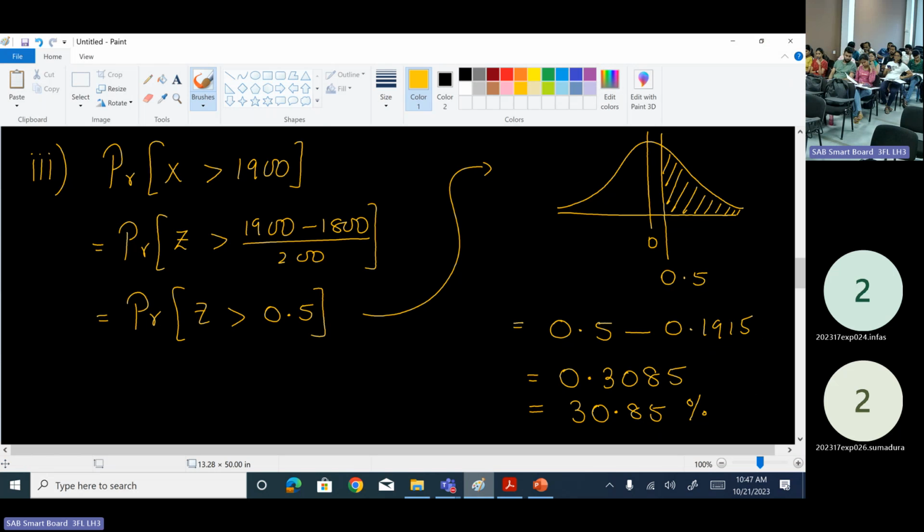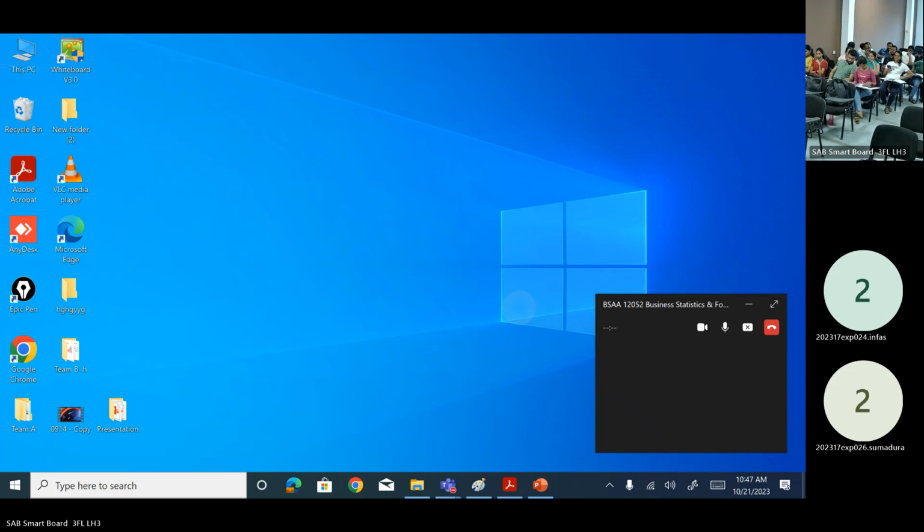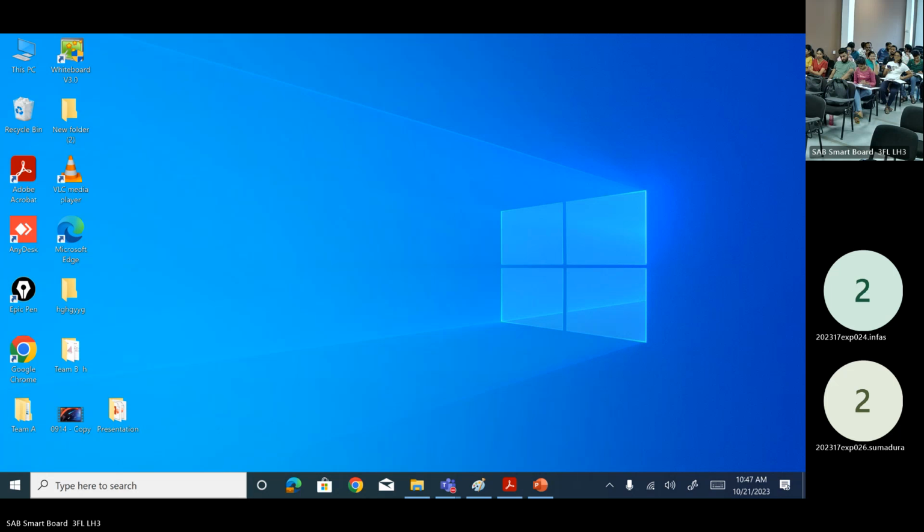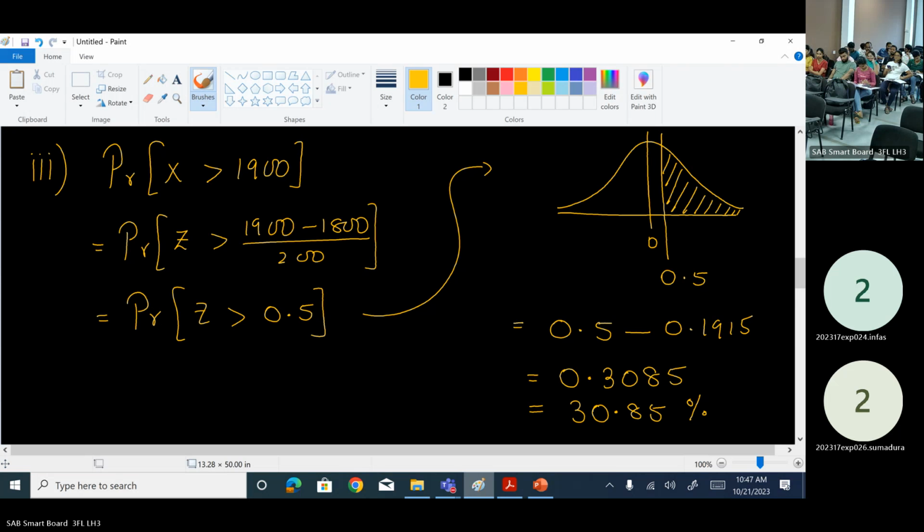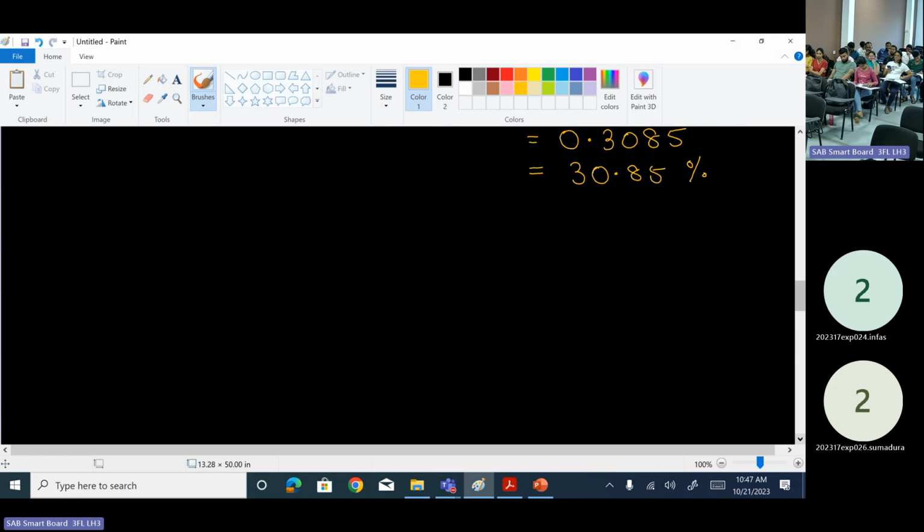So when you tackle a reverse problem, first you have to draw the X scale sketch. Up to now, we were drawing the Z scale sketch.